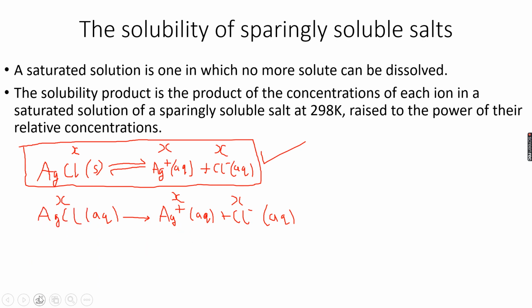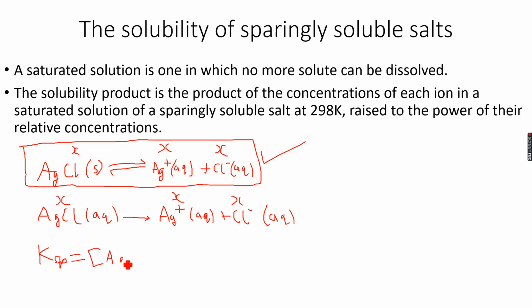So now, what is solubility product? Solubility product is the equilibrium constant: the product of the concentrations of each ion in a saturated solution of a sparingly soluble salt at room temperature, which is 298 Kelvin, raised to the power of their relative concentrations. So in simple words, it is the equilibrium constant. It is written as Ksp.